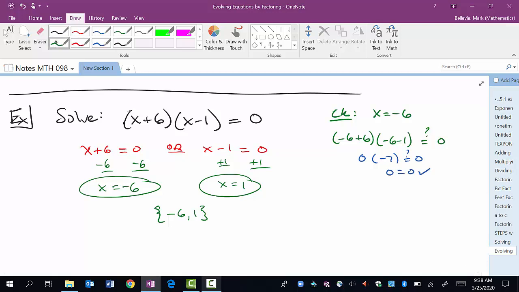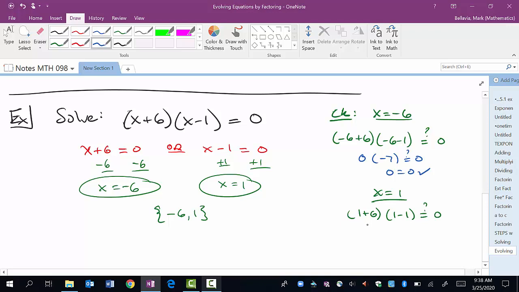And then you want to check x equals 1. So we would have, now again, you're subbing in 1 for all the x's. Don't sub the negative 6 and the 1 at the same time. So we're subbing in 1 for x. We'd have 1 plus 6 times 1 minus 1. We want to know, does that equal 0?